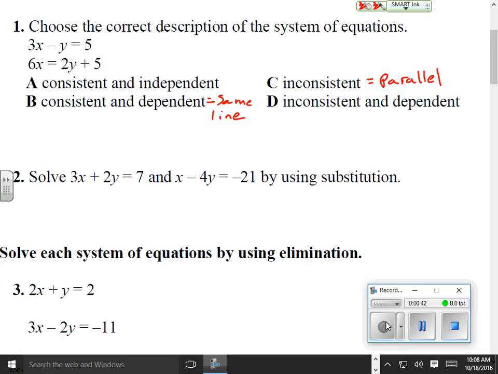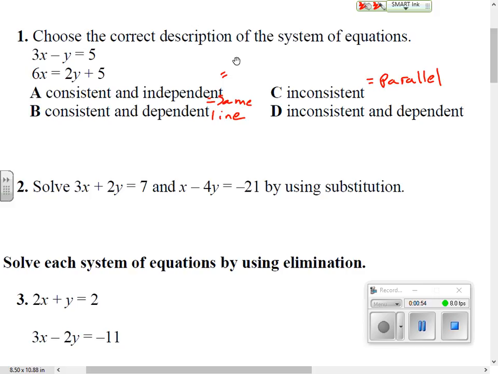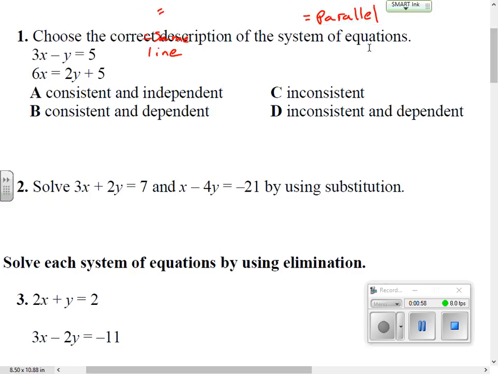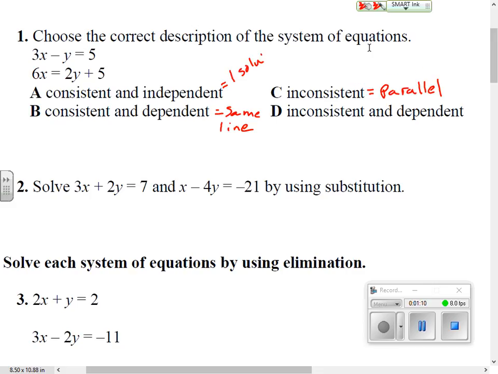If they intersect at only one point, then it will be consistent and independent. And for it to be inconsistent and dependent is impossible.